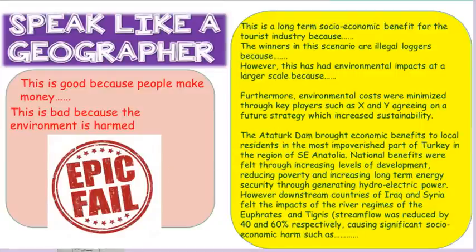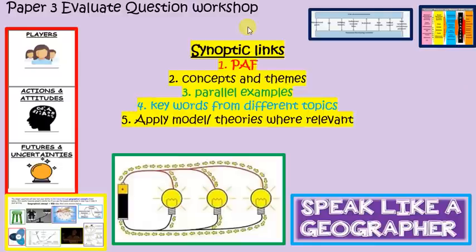Right, your synoptic links part of your PEASEL paragraphs. How can we do it? First way is to name specific players, so not just saying people or businesses. In the resource booklet, you will have specific named stakeholders that you can pull out.